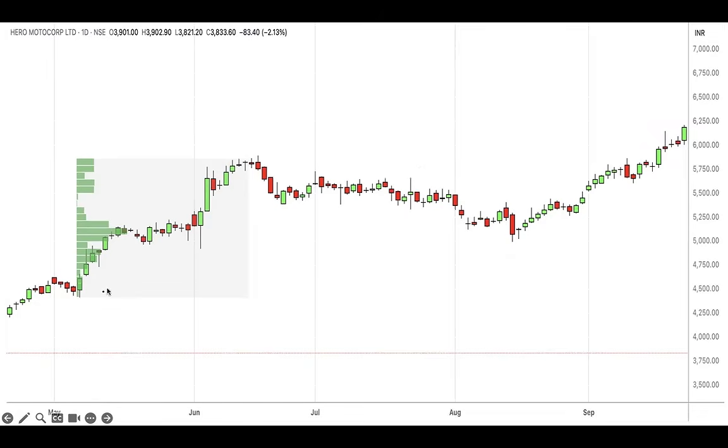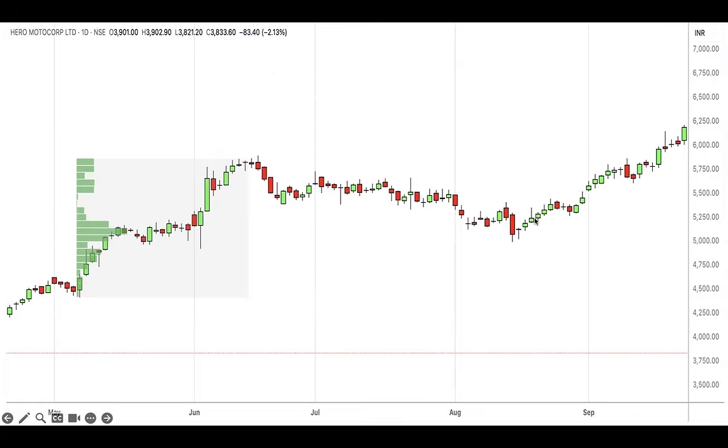So this is the Hiromoto Corp extreme swing from here to here, right? What we have done is plotted the volume profile from this swing to this swing, and the highest volume node is here, right? So we mark that level and we expect price to come to that level, and when price comes to that level, we will take a long trade based on a price action pattern.